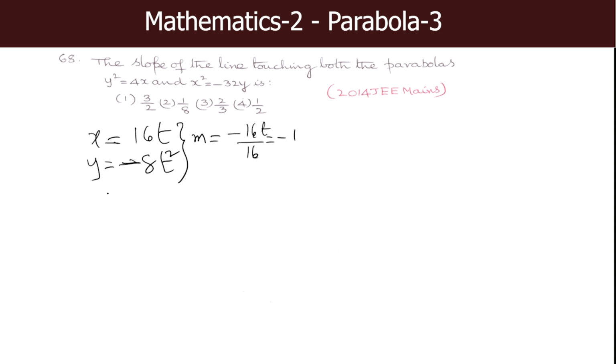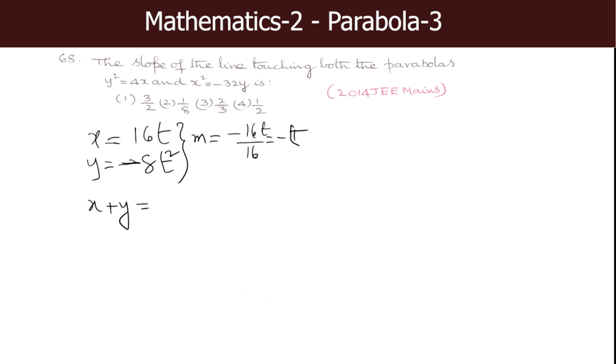Therefore, the equation of the tangent x plus y equal to... the slope of the line joining... m equal to minus 16t by 16, minus t, not minus 1.